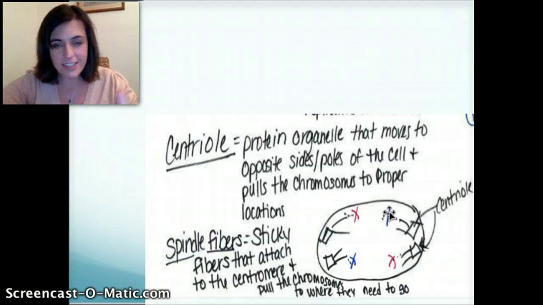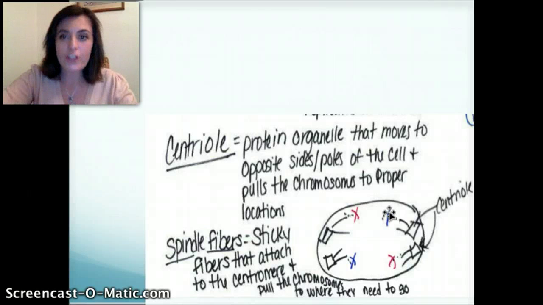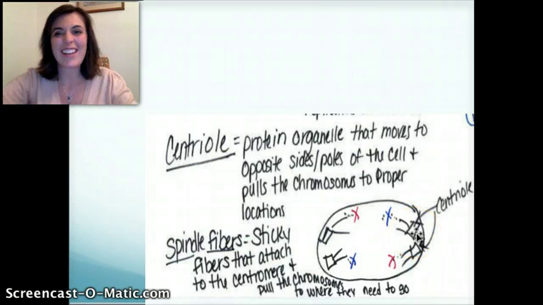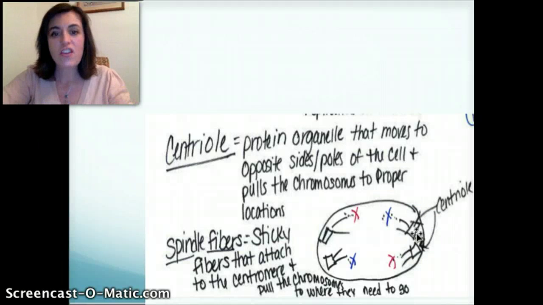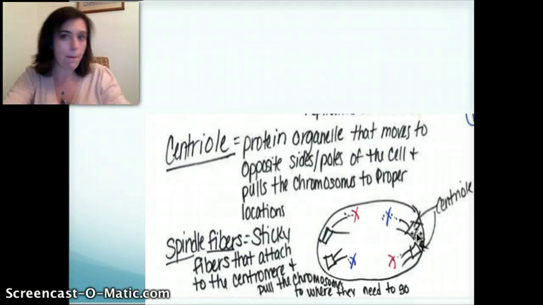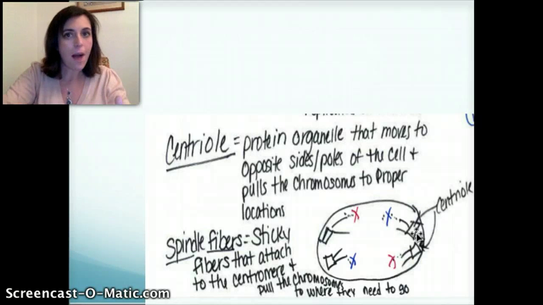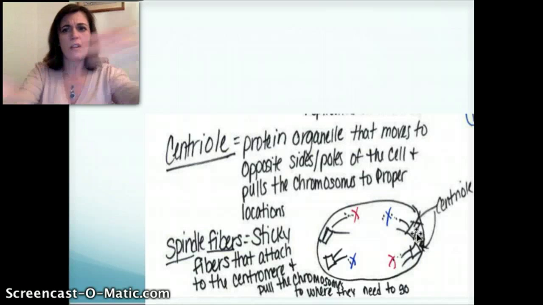Now this is where my analogy gets crazy, as if it wasn't already. I think about those two little girls at the pool party, and these centrioles are like Spider-Man lifeguards. They're like, I'm going to sit here and monitor the entire pool party, and make sure everybody's safe. And those twin little girls are floating around the pool, going to the deep end where they don't need to go.